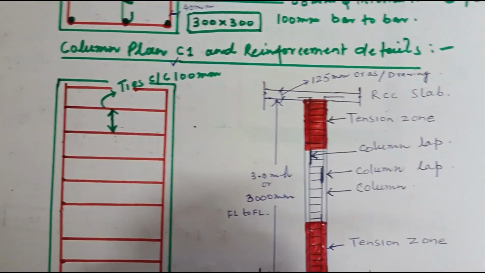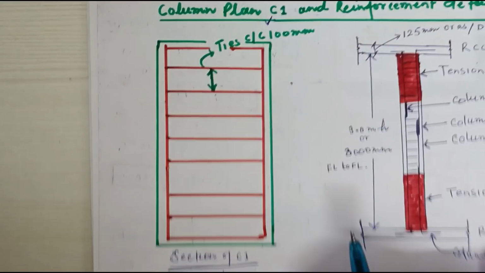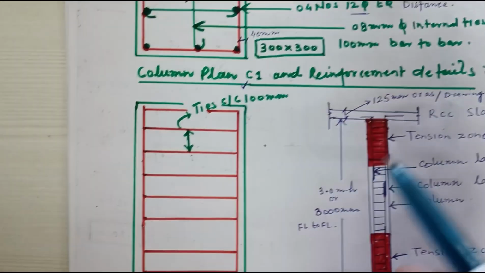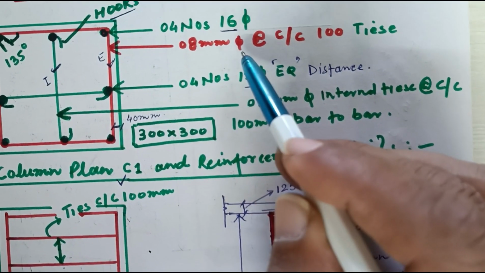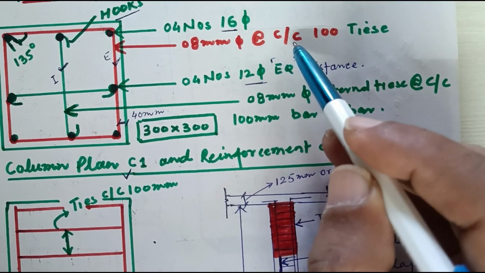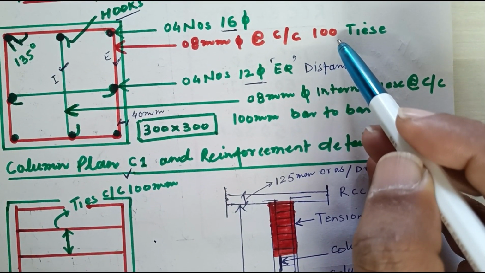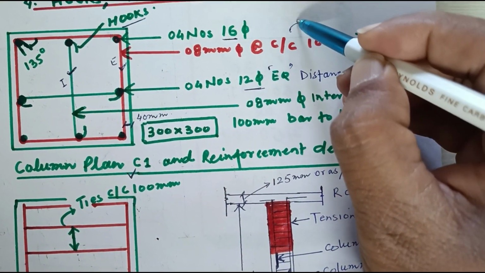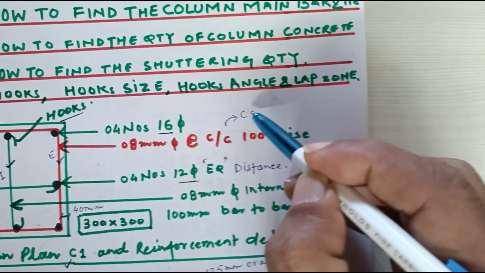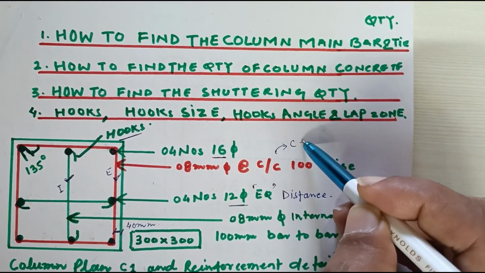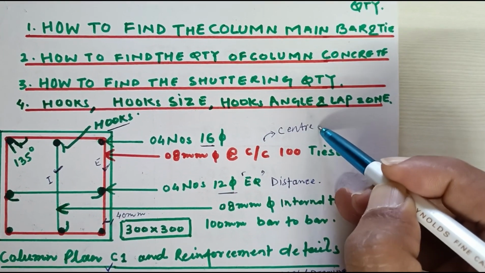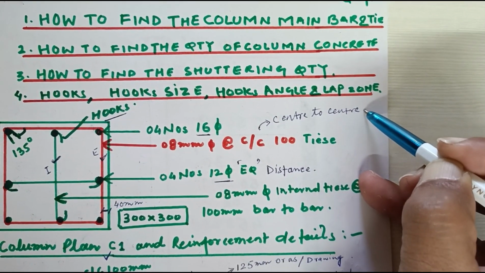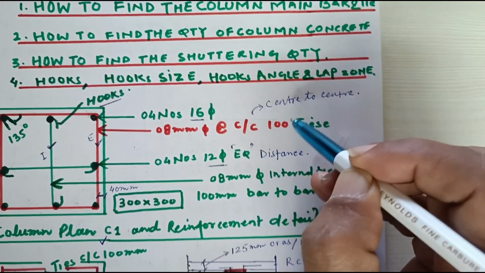Now this is the section of the column. As mentioned here, 8 dia at the rate of center to center 100. C/C, as we discussed earlier, is called center to center.